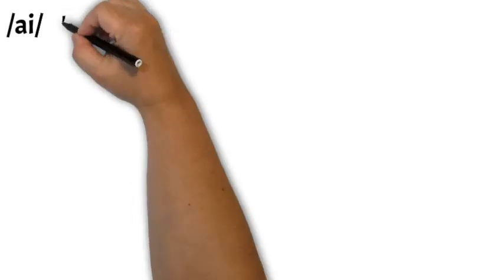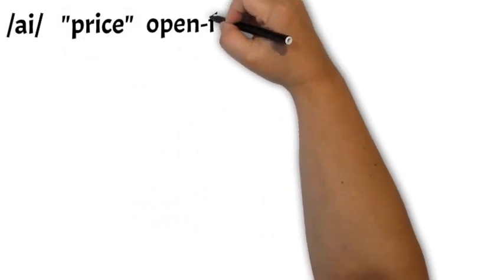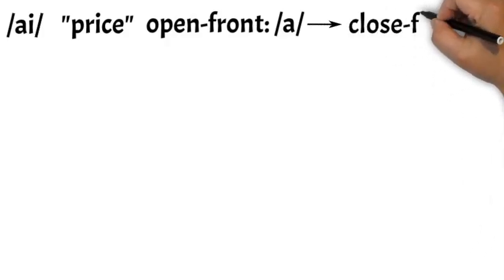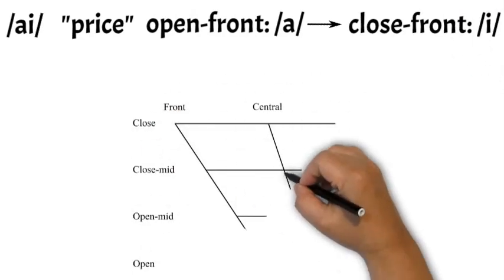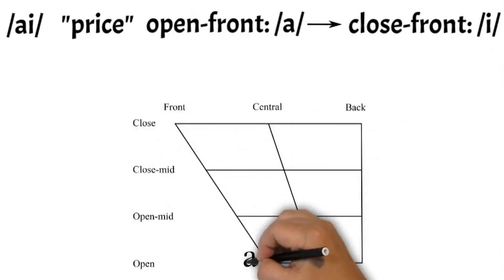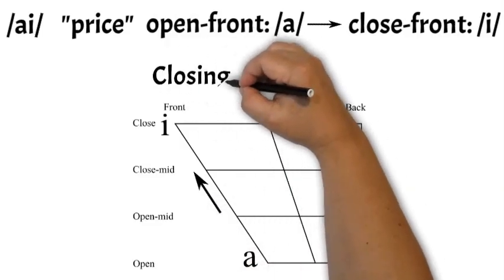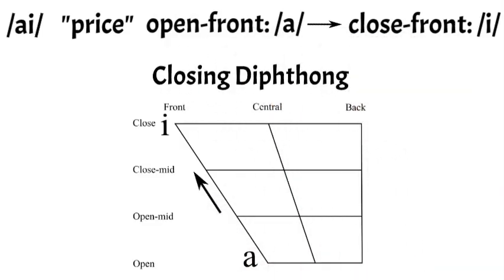Similarly, the diphthong I, as in price, begins with a more open, lower tongue position and moves to a higher, close position, E, near the hard palate, classifying it as a closing diphthong.